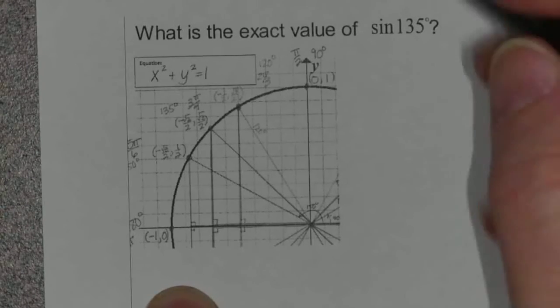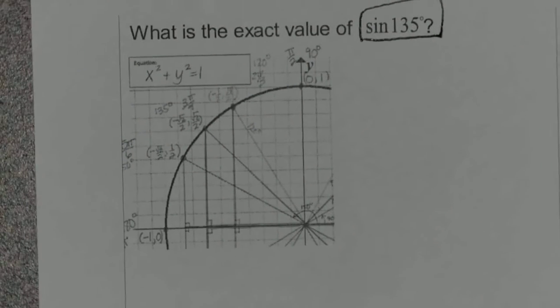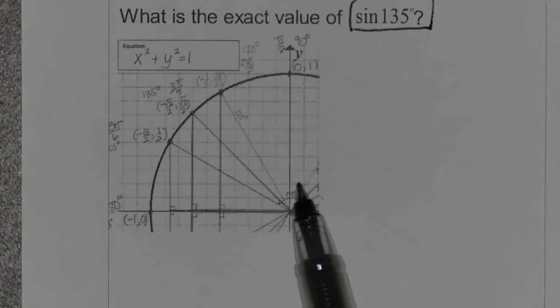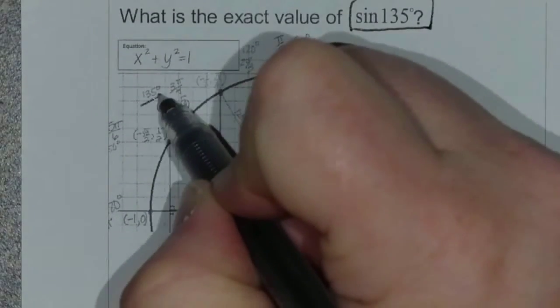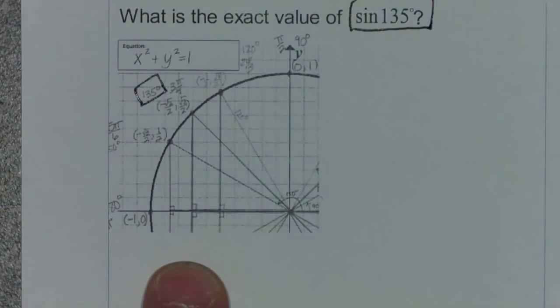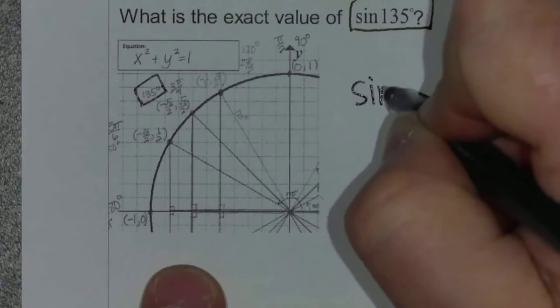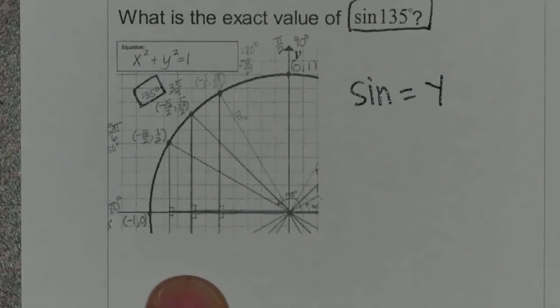So again, here we're going to do an example of how to do this. It says find the exact value of the sine of 135. So I'm going to go to 135 degrees, which is marked for you up here. Do you see how they have 135 degrees marked? And I need the sine. Does anybody remember what value I said the sine was? The sine is the y value.